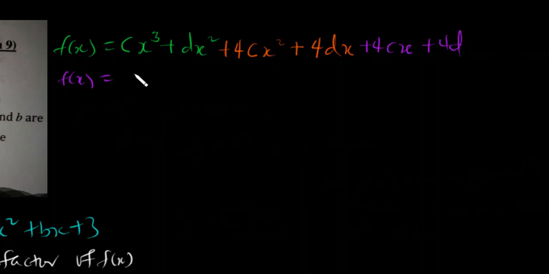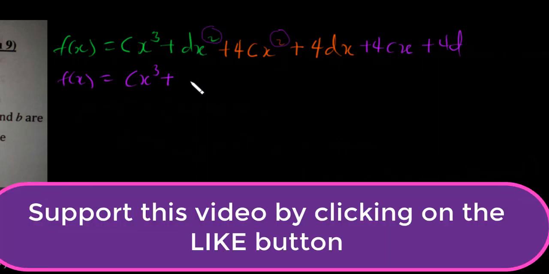All right, so the first one is going to be cx cubed. The second one is to the power 2, so we have to the power 2 here and here. What we can do is simplify by factorizing out x squared. So here we have d plus 4c times x squared, and here too we have the x.